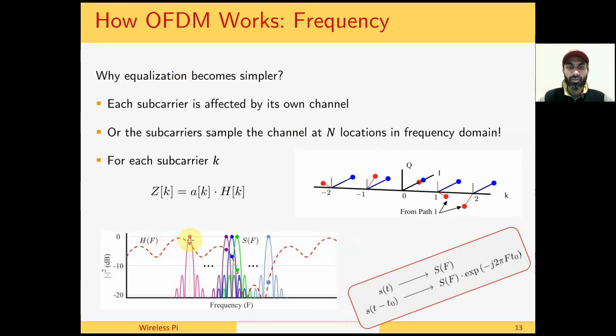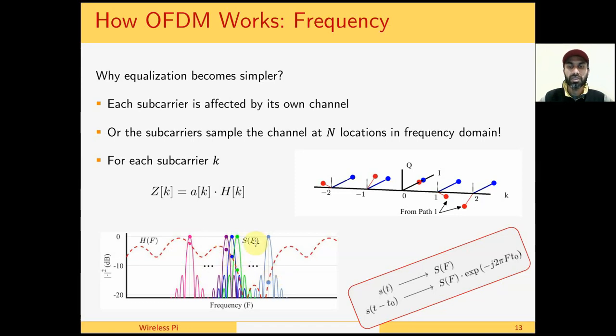In frequency domain, and these are the same subcarriers but in dB scale, this is the wireless channel we have seen earlier. Clearly note that each subcarrier is affected by its own channel. We say that the subcarriers have sampled the channel at n different locations in frequency domain.